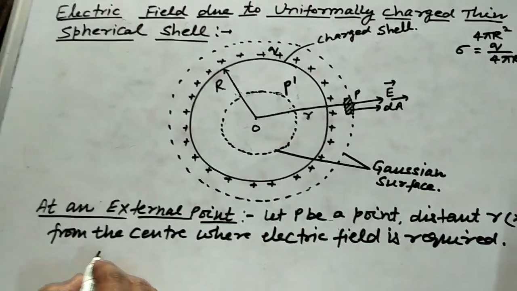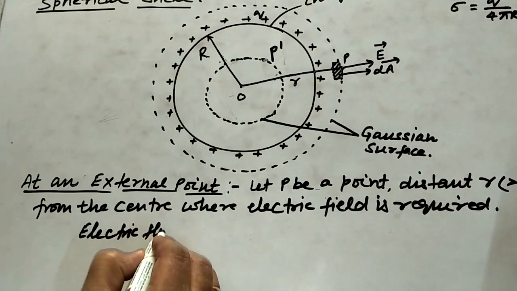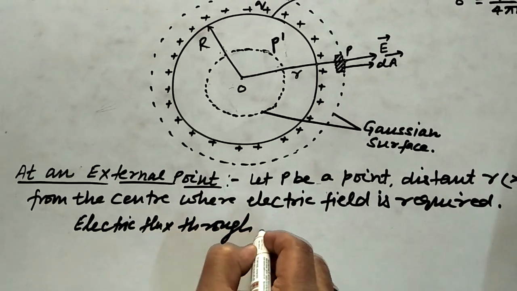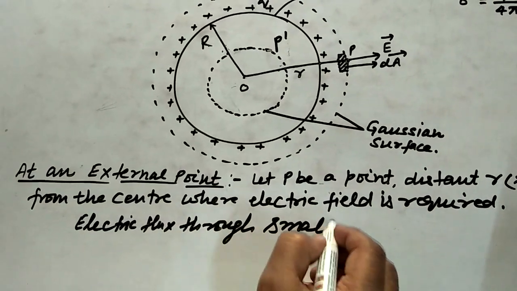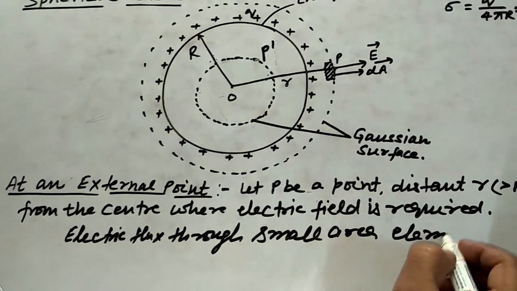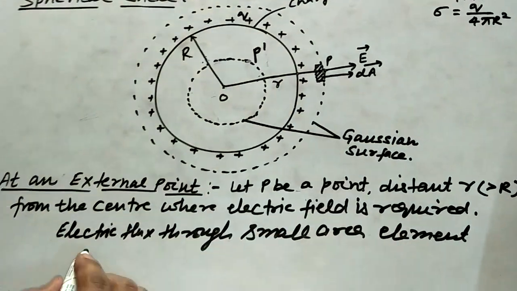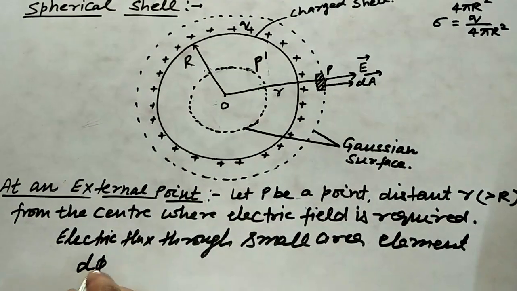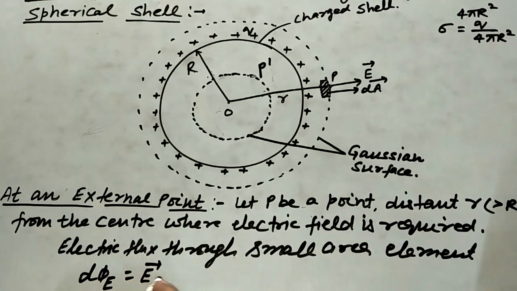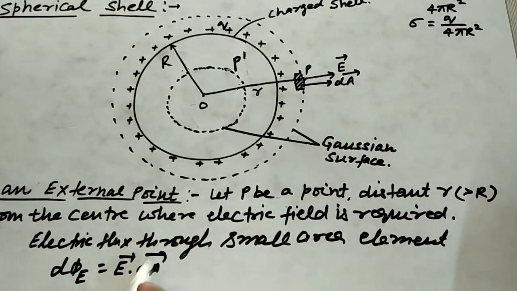So the electric flux through a small area element, that is, through this small area, d phi e is equal to vector E dot vector dA.